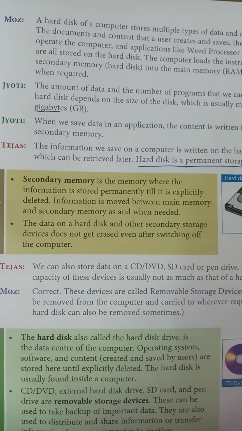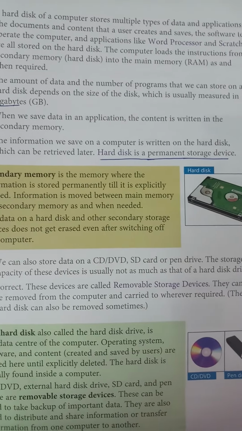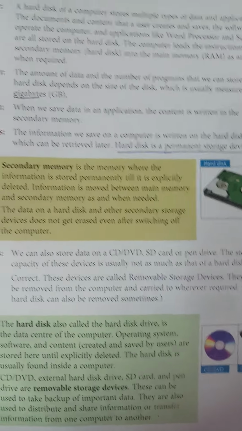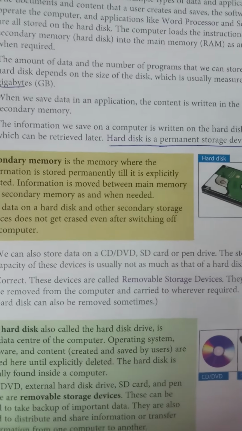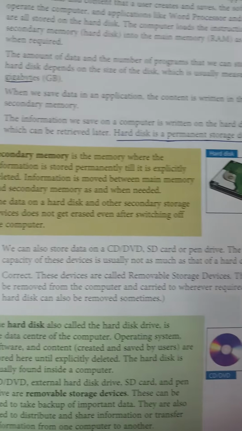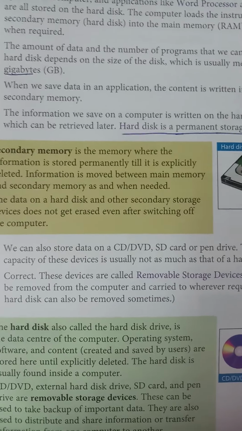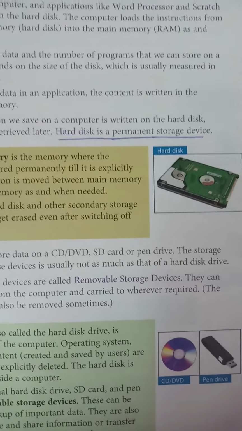We can also store data on a CD, DVD, SD card or pen drive. The storage capacity of these devices is usually not as much as that of a hard disk drive.